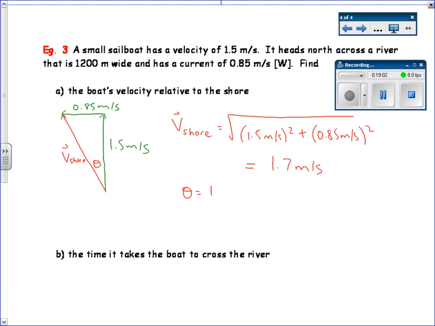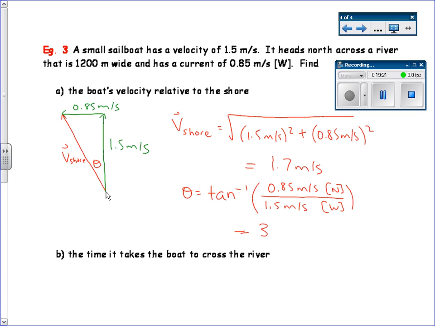And the angle is inverse tan of 0.85 meters per second north over 1.5 meters per second west, which gives us an angle of 30 degrees.